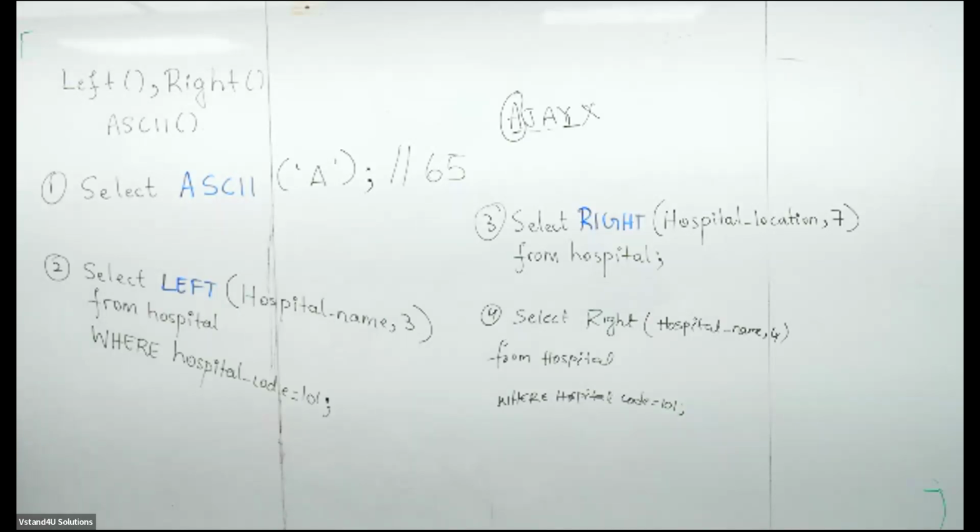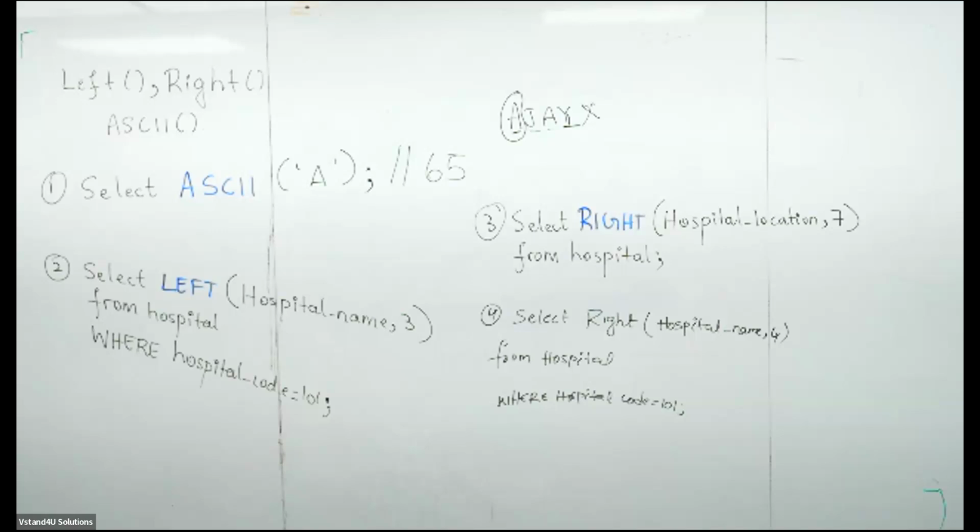Now, they are telling you to get the ASCII value from the table, from the column hospital name, not hospital location. They are telling you to get the first character of all the hospital names present in that table. Yes or no? So now how will you write this?